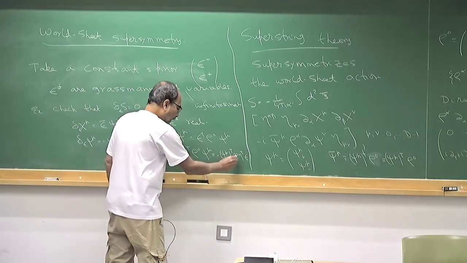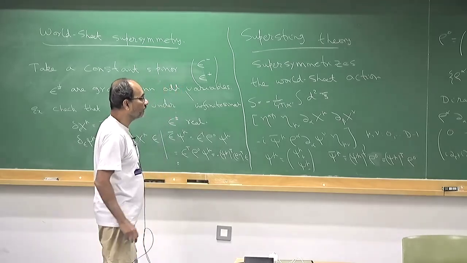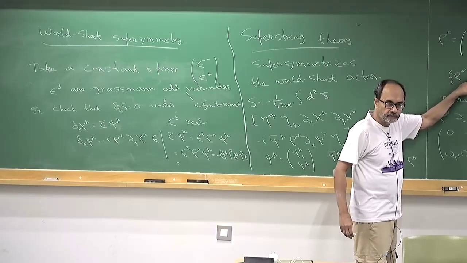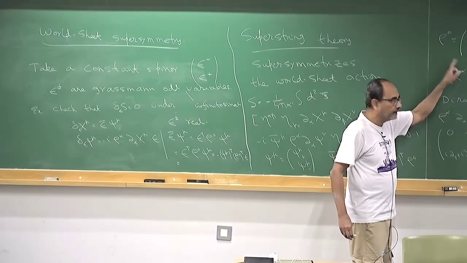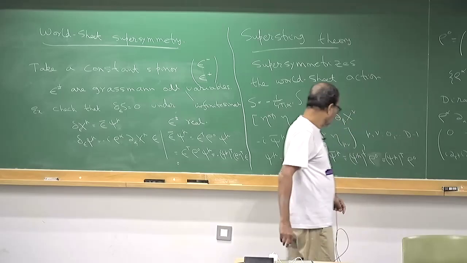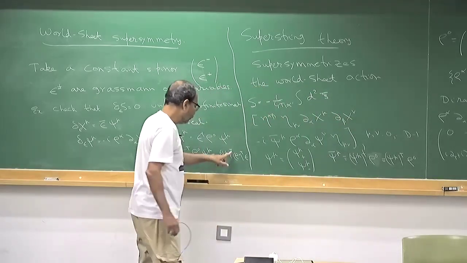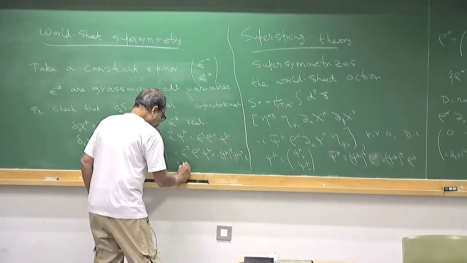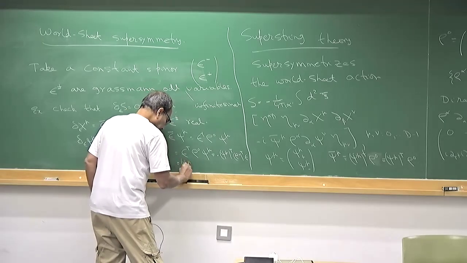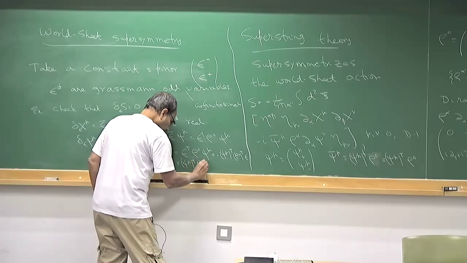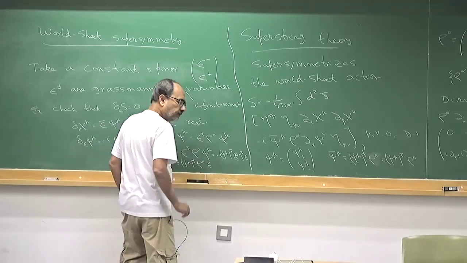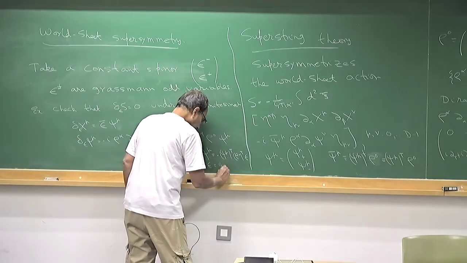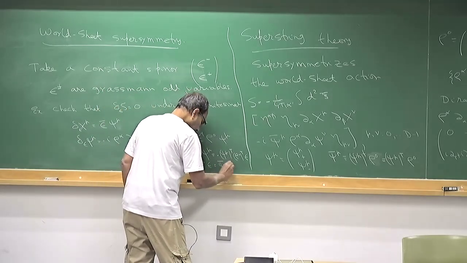Now, rho 0 transpose, you can see from the definition, is minus rho 0, because it's antisymmetric. Psi mu transpose is psi mu dagger, because psi mu is real. So this I can write as psi mu dagger rho 0 epsilon, which is psi mu bar epsilon.